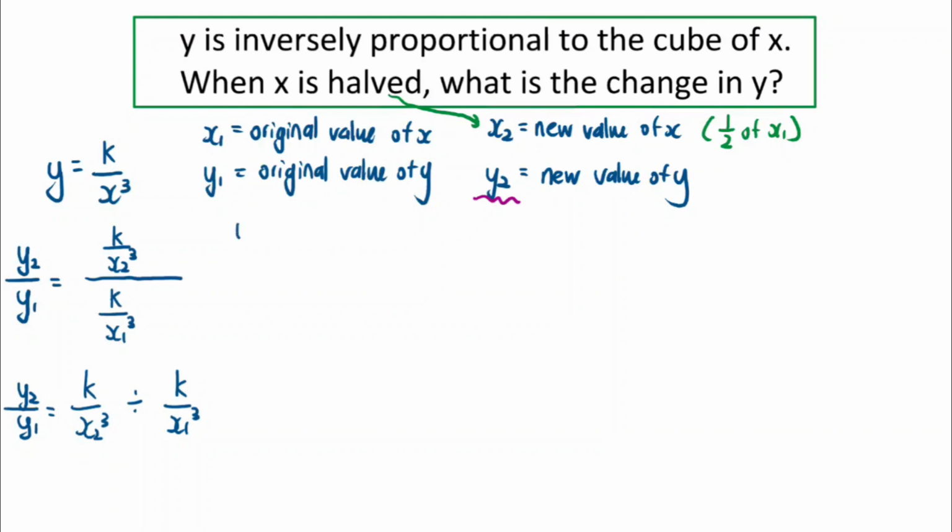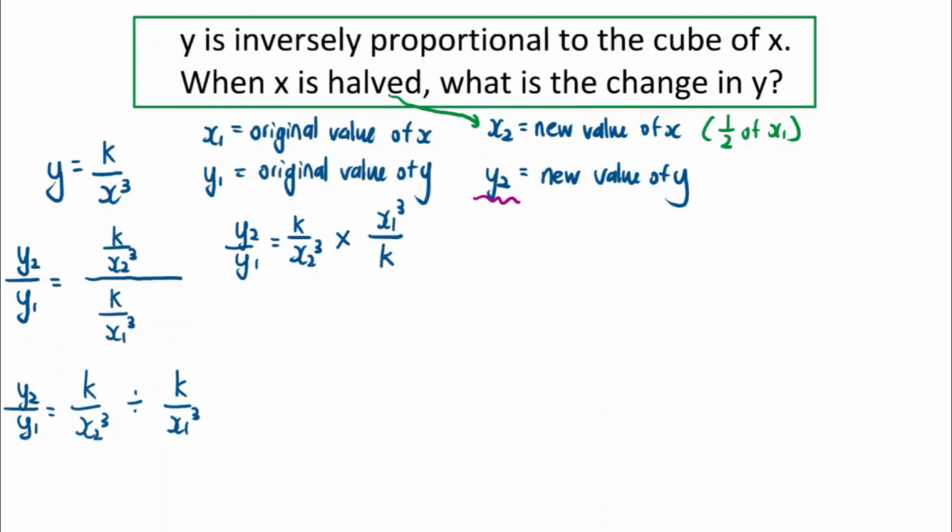Then I will do this. y2 over y1 equals k over x2 cubed. I'm going to replace the divide in the previous expression with times. And if we do that, we need to flip the second fraction around. So we have x1 cubed over k.